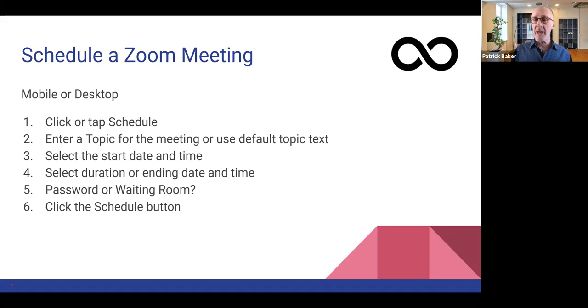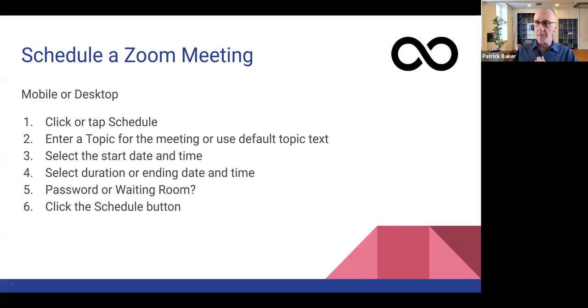Should I use a password or the waiting room? You may have heard about the phenomenon called Zoom bombing, where folks were getting uninvited guests to their meetings. Passwords and waiting rooms are both security features that allow you to screen who joins your meeting.